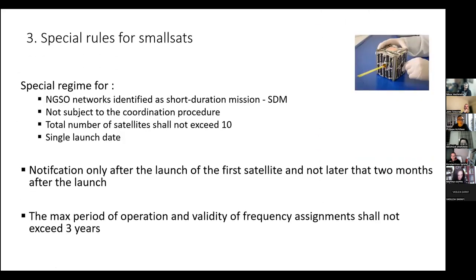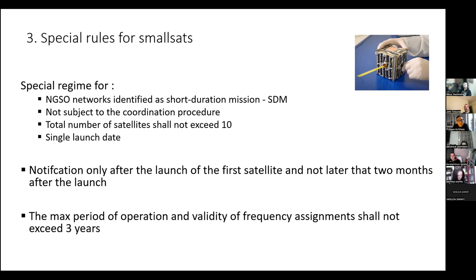Now, concerning small sats, the small satellites mainly developed by startups or universities, the ITU considers that the procedure is too complex. It's completely disproportionate to go through this procedure. So the idea here is to simplify the rules for the launch of small sats.